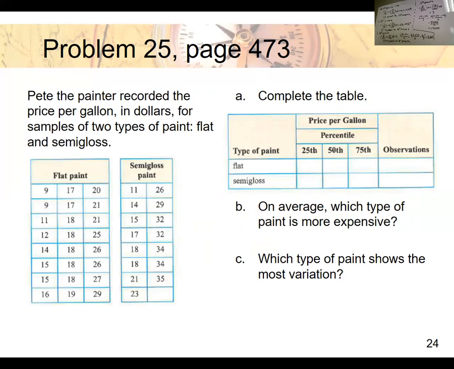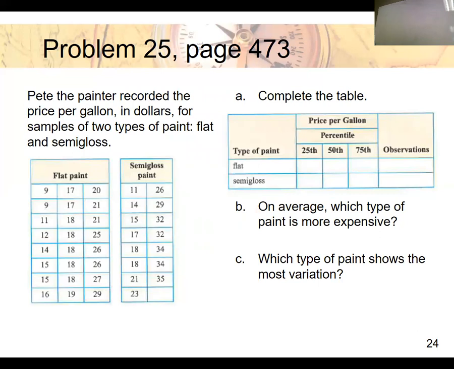Pete, the painter, recorded the price per gallon in dollars for samples of 2 types of paint, flat and semi-gloss. And here, we want to complete the table. That's going to be part A. And in part B, we want to use that table to answer the question, on average, which type of paint is more expensive? And in part C, which type of paint shows the most variation?